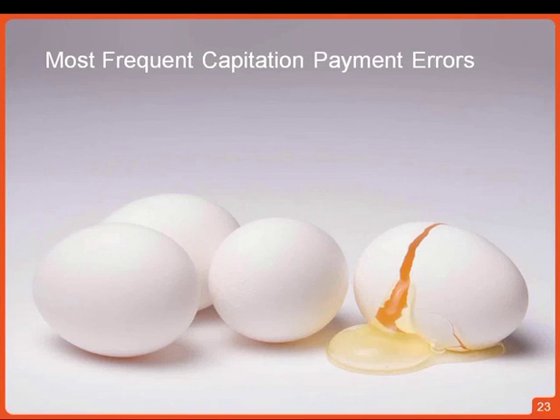The most frequently occurring capitation errors are: 1, when beneficiaries are institutionalized and receiving other coverage, and 2, when a beneficiary's death hasn't been recorded. To prevent these payment errors, the Inspector General will begin identifying beneficiaries who live in these facilities and then review capitation payments to see if the state paid the plans while the person was institutionalized.